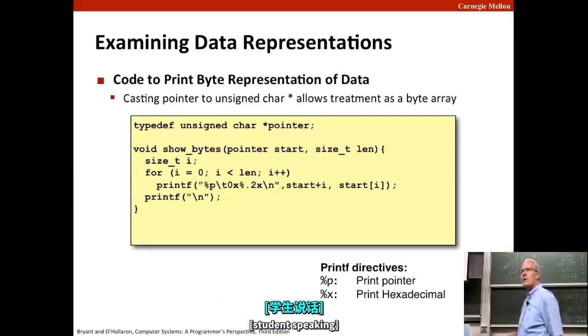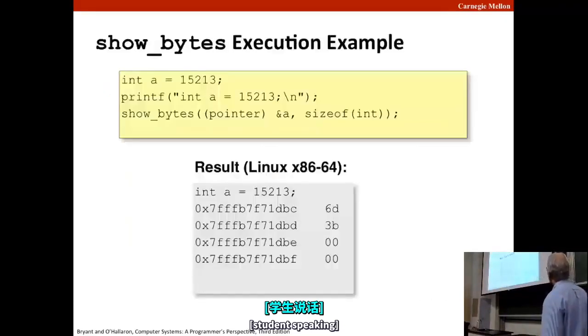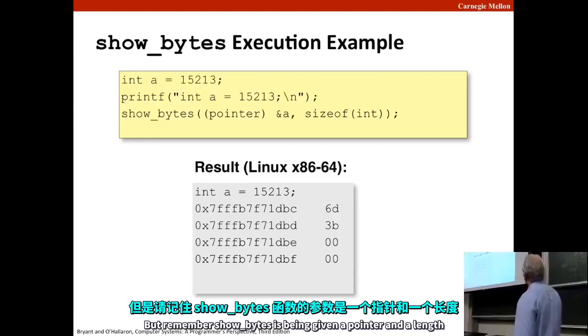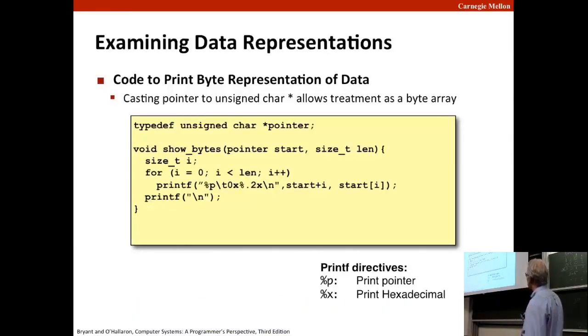But printing the pointer with the address-of operator returns a number larger than 4 bytes. Yes. So when you cast it to 4 bytes, because the pointer is an unsigned char, that's 4 bytes. But remember, show bytes is being given a pointer and a length.